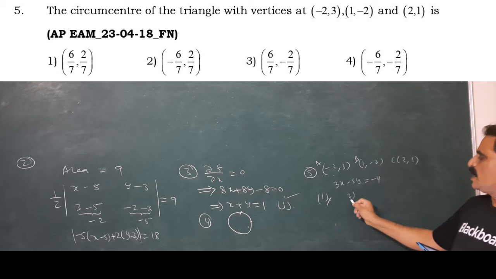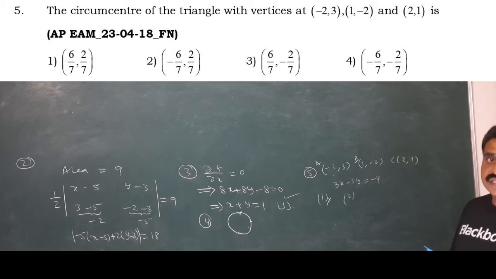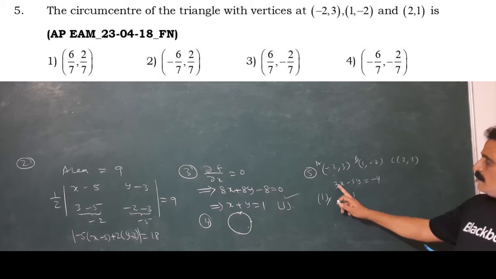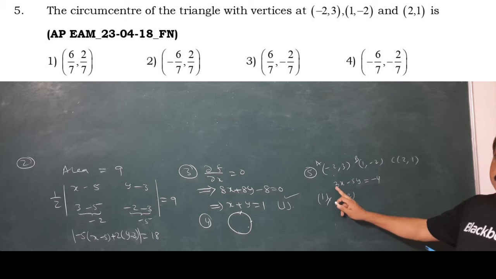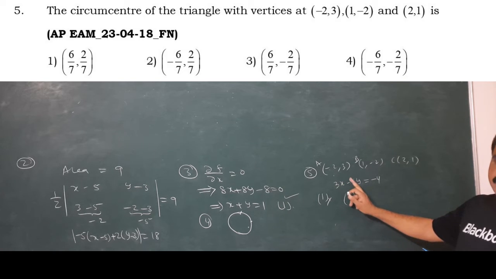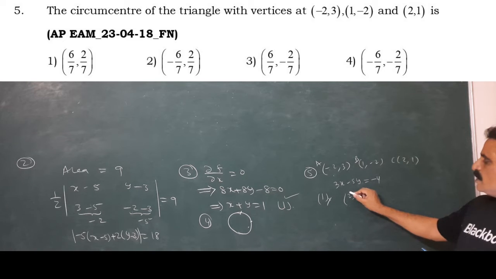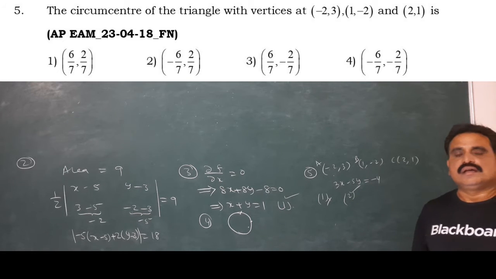Wrong. Second, minus 6 by 7, 2 by 7: minus 18 by 7, minus 10 by 7, minus 18 minus 10, minus 28 by 7, minus 4. That satisfies. That is the right answer.